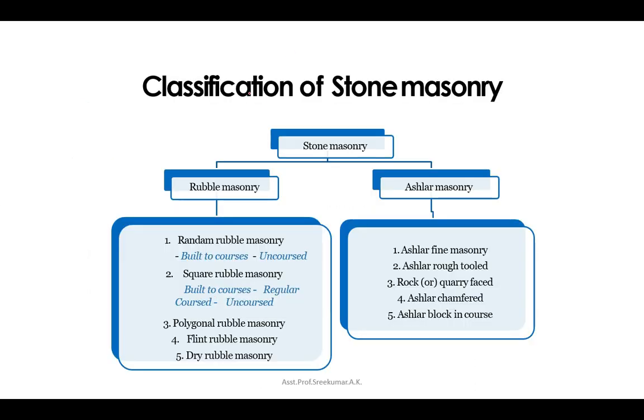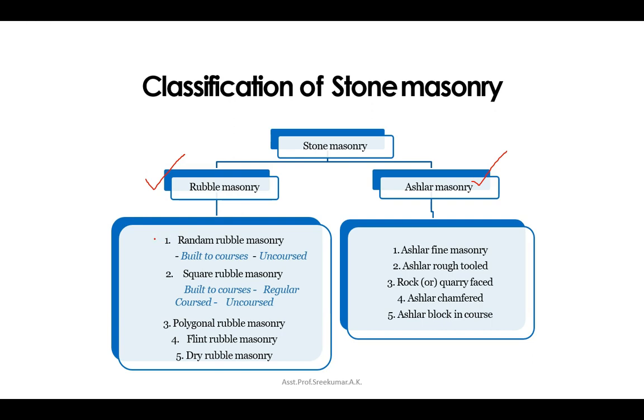Now let's look into the classification of stone masonry. Stone masonry, as we discussed earlier, is classified into two: rubble masonry and ashlar masonry. These two types are further classified into five subtypes.